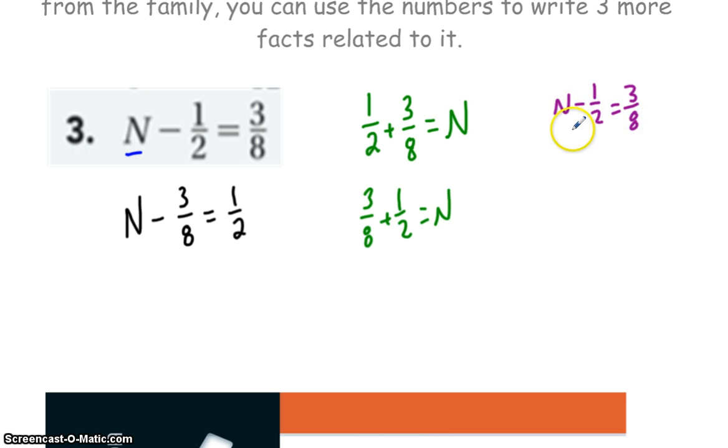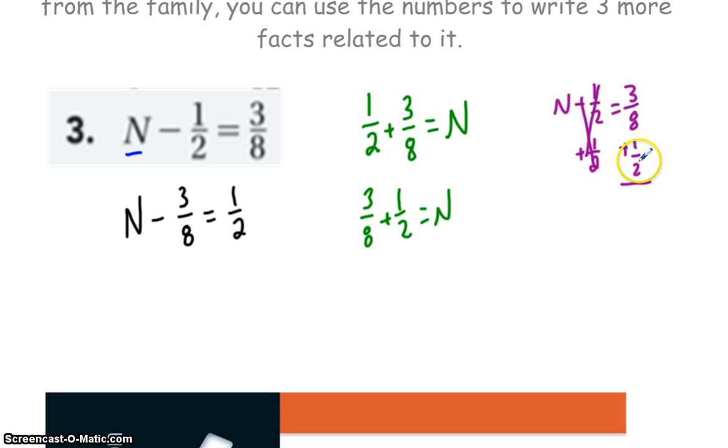Since we are subtracting a half from n, we would have to get the variable by itself. In order to do that, we would do the opposite operation to remove it from this side. Okay, and now since we did that, we would have to also add it to this side of the equal sign to keep our equation balanced.